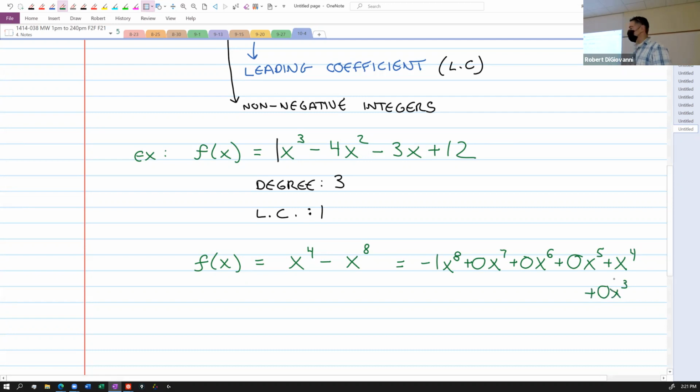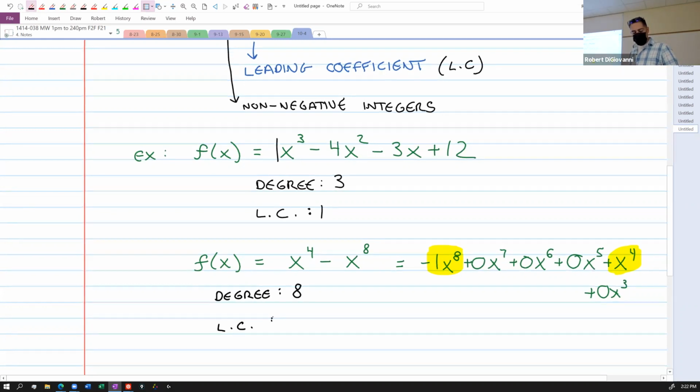So do you see that you could look at that as a bunch of numbers in front of different powers of x? The only ones that really matter, though, are this one and that one, right? Those are the only two that have something other than 0 in front of them. So this is a polynomial still. The degree of this polynomial would be what? 8. It's the highest power of x we see.